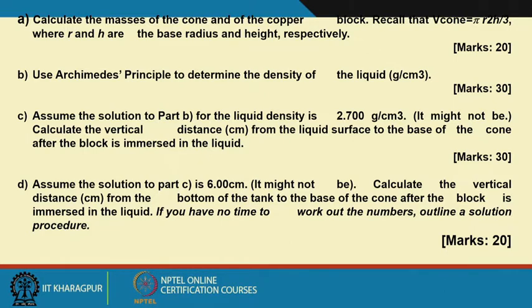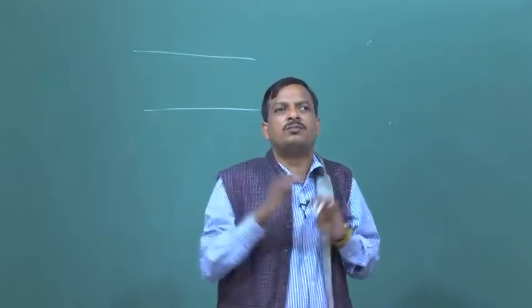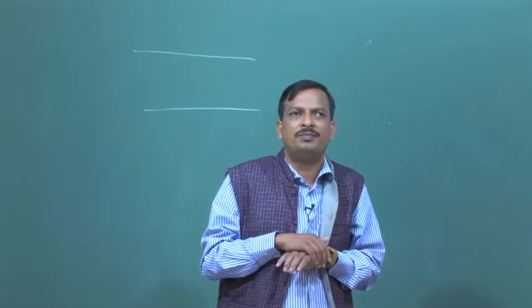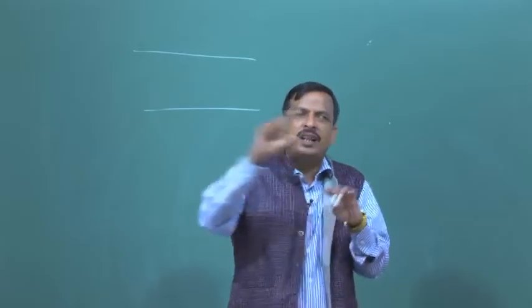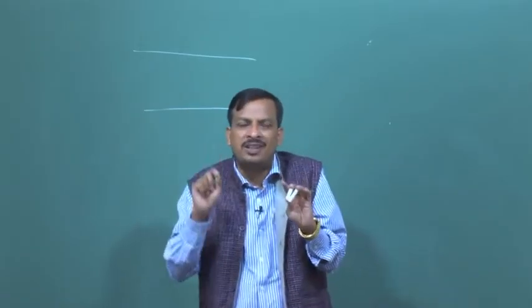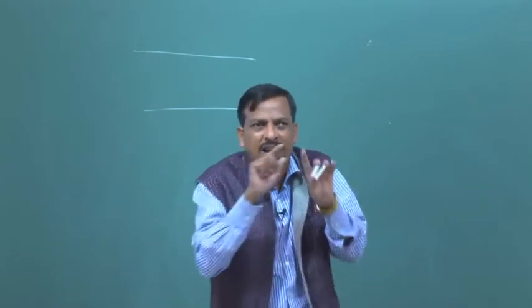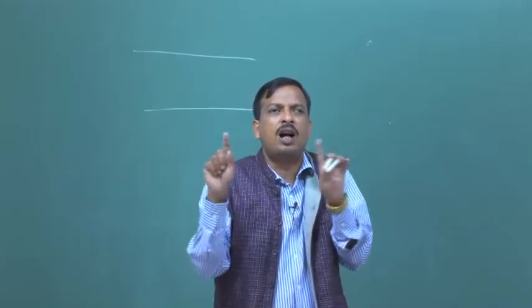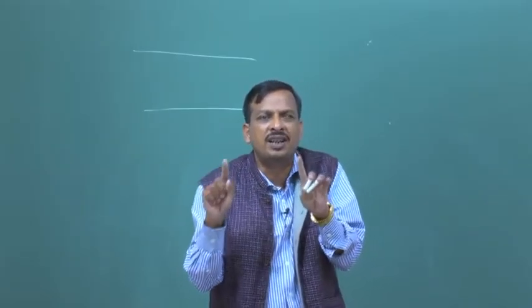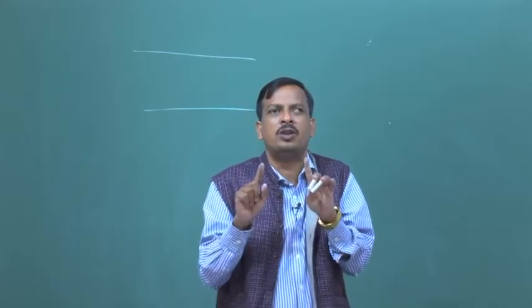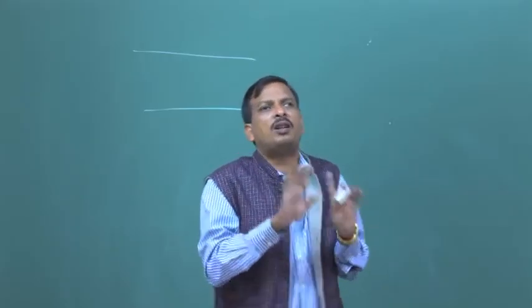So, the students are very clear, and as a teacher I am also very clear what kind of competence the students have. When you design a question paper, the job of the teacher is only to test very clearly the intended outcome from the learner, not to confuse the learner.